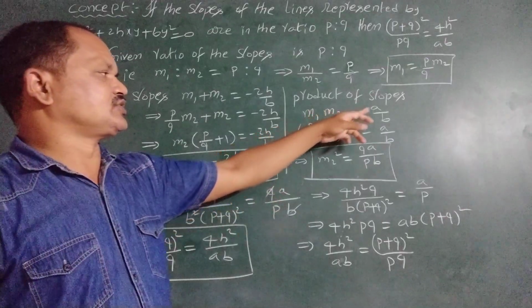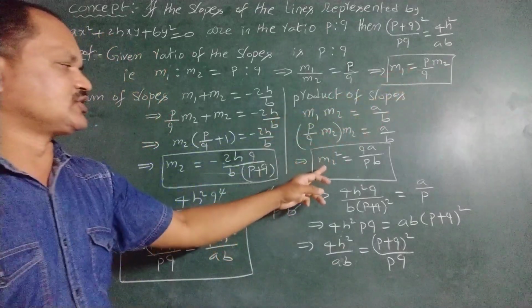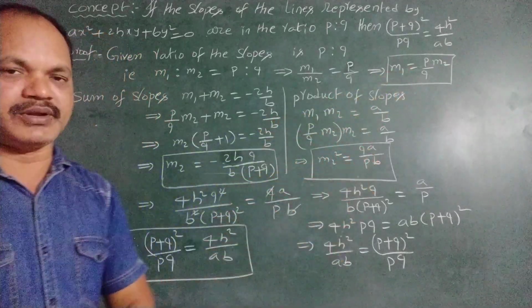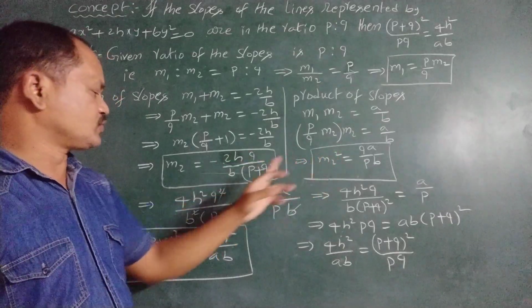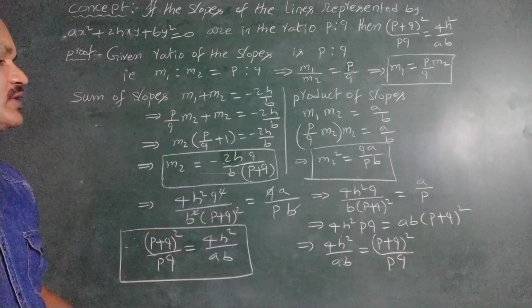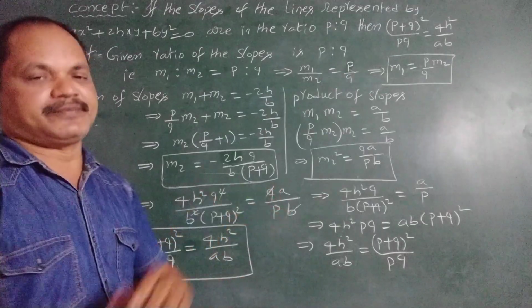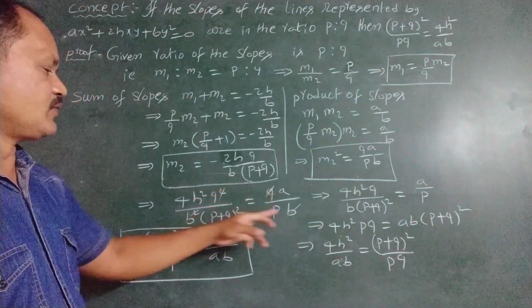Here also m1 m2 is equal to a by b. In place of m1 we substitute p by q m2. That's why m2 square is equal to qa by pb. Now observe, in place of m2 we substitute this one: m2 square, that is 4h square q square by b square into (p plus q) whole square, is equal to qa by pb. Now here q one time gets cancelled, here b one time gets cancelled.